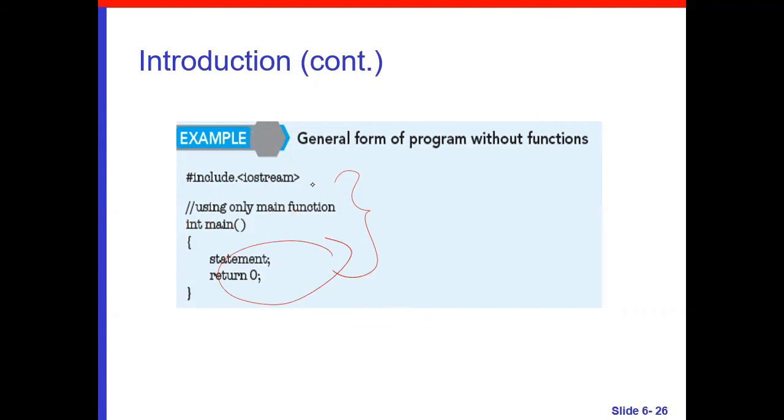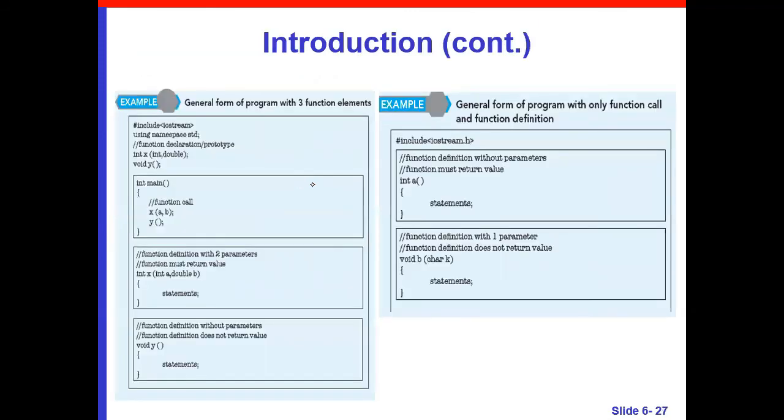However, if you study about the function, this is how it looks. First you have the function prototype. In integer main you have the function call, and after you close the integer main, you have the function definitions. Maybe you have a value returning function, or maybe a void function.